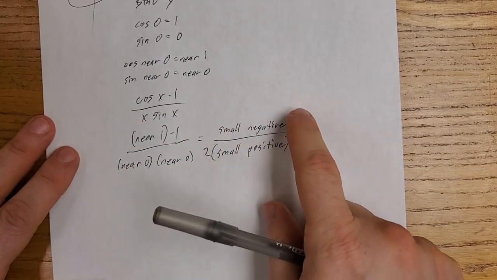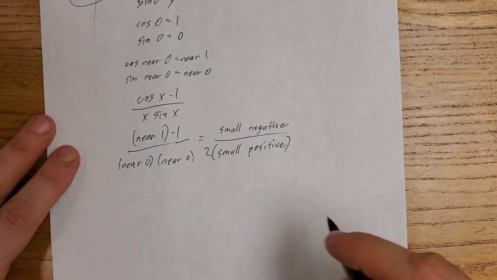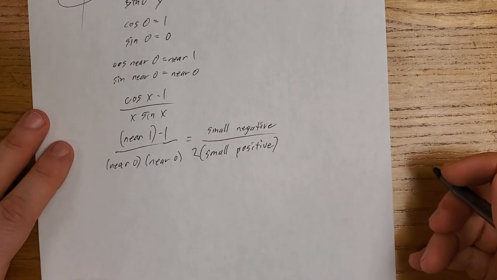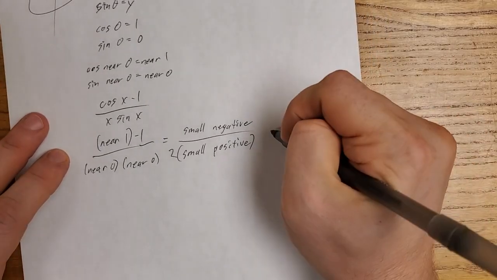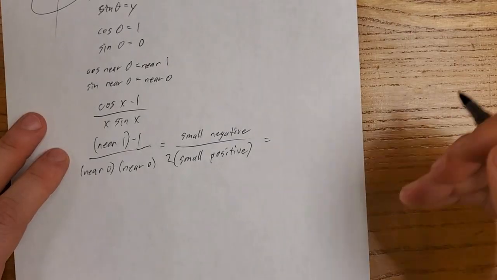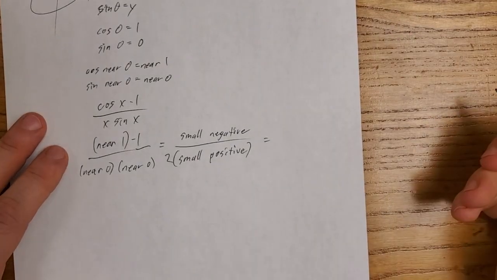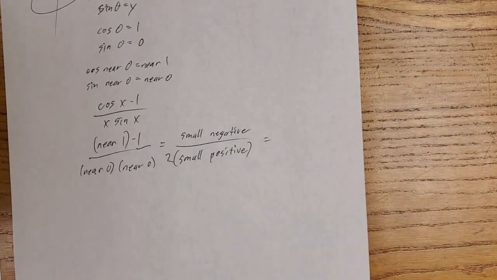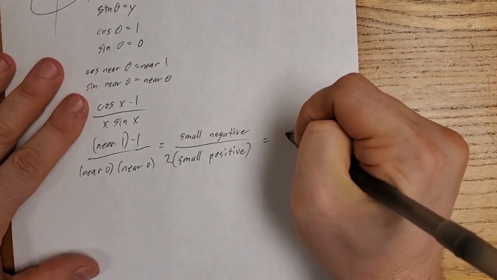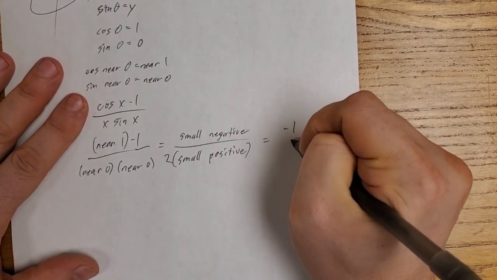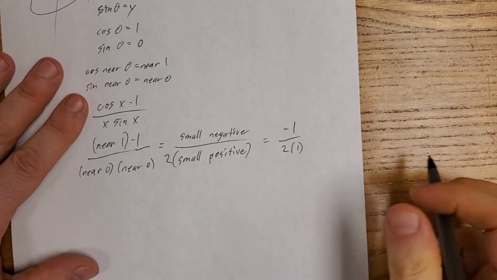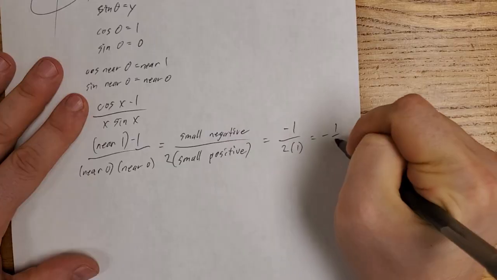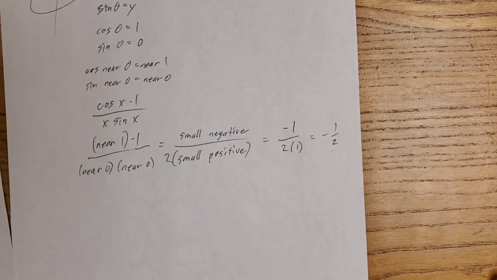So you're basically having a small negative number and a small positive number, and we're saying small numbers. So one small number over another small number is going to end up being pretty close to 1. You're just talking very small numbers. So let's just approximate negative 1 over 2 times 1, and that ends up being negative half.